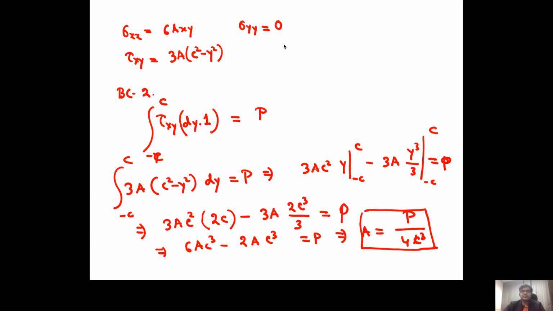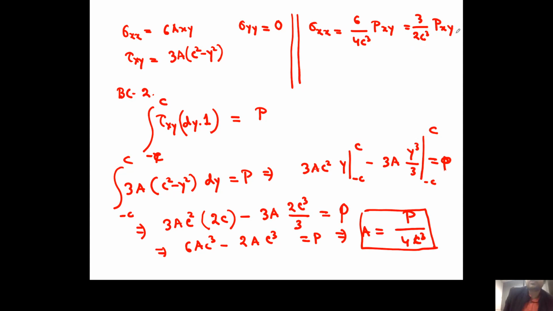So if you substitute it here, what is our sigma xx? Sigma xx will become 6 by 4c cube Pxy, which is equal to 3 by 2c cube Pxy, right?